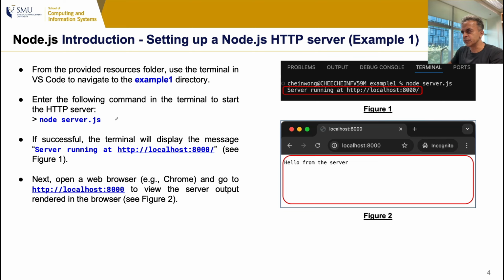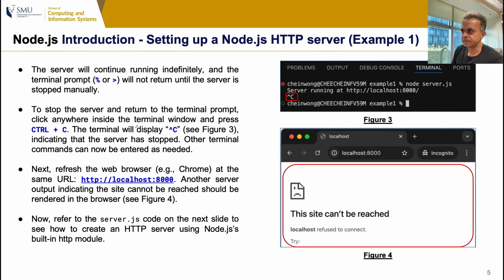Whatever server.js outputs to the console will appear right after this command, and then it will be listening on the port that it is set up to listen to. So as long as this command is active, meaning you haven't killed it, your laptop is listening on a port, and it can respond to requests coming on that port.